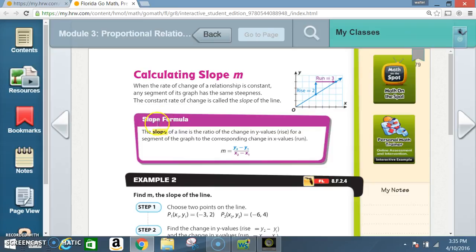The slope formula: the slope of a line is the ratio of the change in Y, the rise, for a segment of the graph to the corresponding change in X, also called the run. So m, the slope, is equal to y sub 2 minus y sub 1 over x sub 2 minus x sub 1.